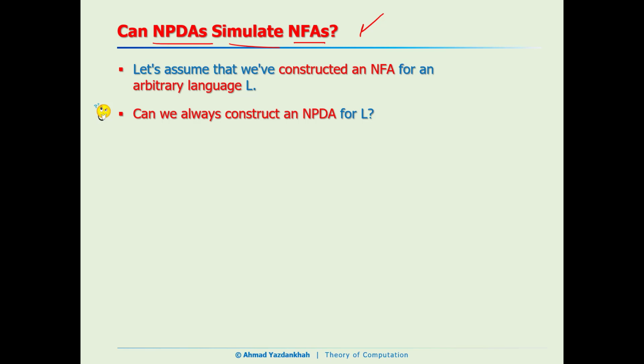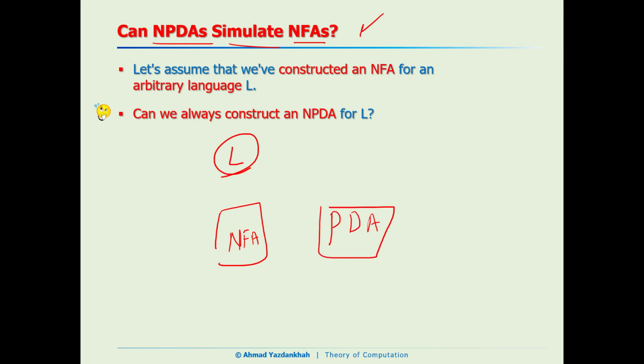What does it mean really? It means that if we construct an NFA for a language, so let's say this is a language and we have an NFA for that, can we always construct a PDA for that? When I say PDA, it can be an NPDA, it can be a DPDA, right? Can we always do that? If we can, then it means that a PDA can do whatever the NFA can do.